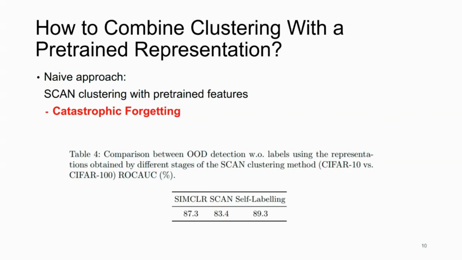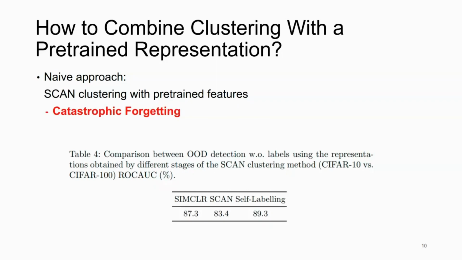So now we want to take our pre-trained features and use the adaptation of the SCAN method, their loss, in order to adapt the pre-trained features to describe our multimodal train set. So one approach to do it is to use SCAN, but in the first method, instead of using purely self-supervised features, to insert our pre-trained features.